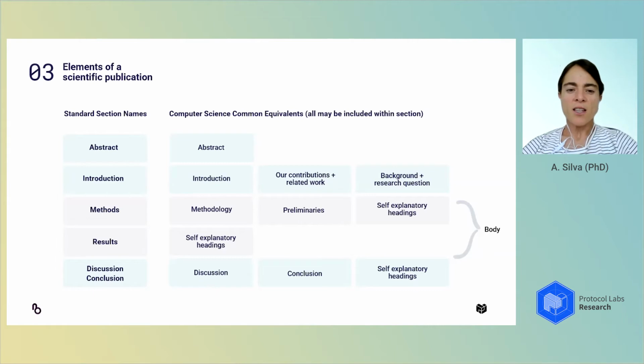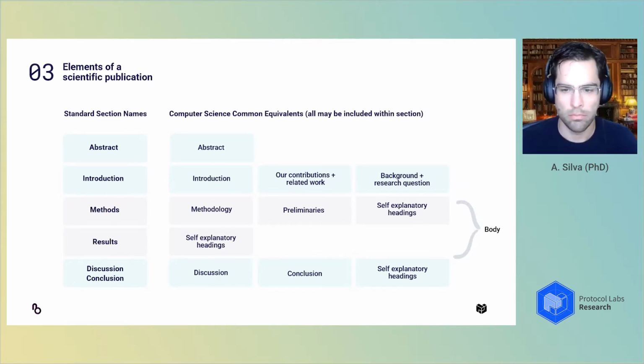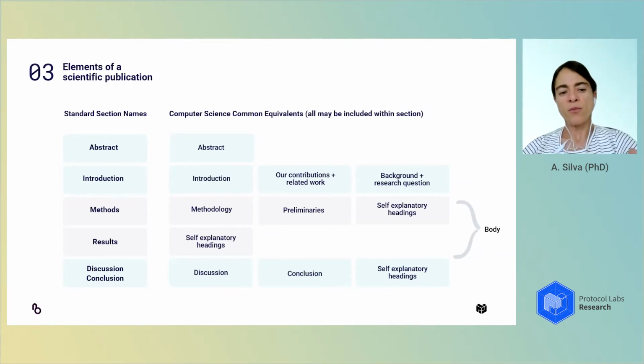It's hard to say because there are so many journals, but normally what I find is that there's the final column for introduction and discussion. Normally the most common ones are background plus research question and self-explanatory headings, and methods and self-explanatory headings in the discussion. But at the same time, the more self-explanatory headings these journals use, normally they also ask the author to include a conclusion.